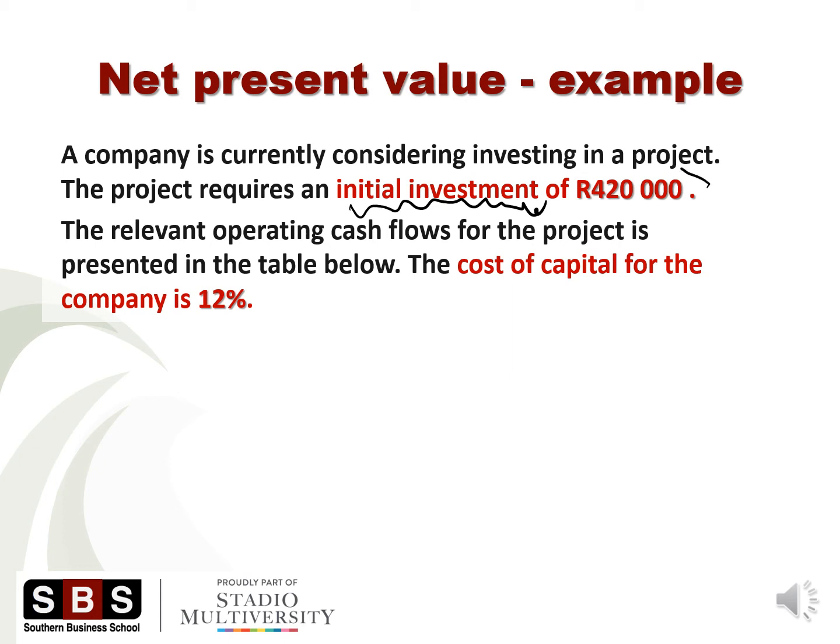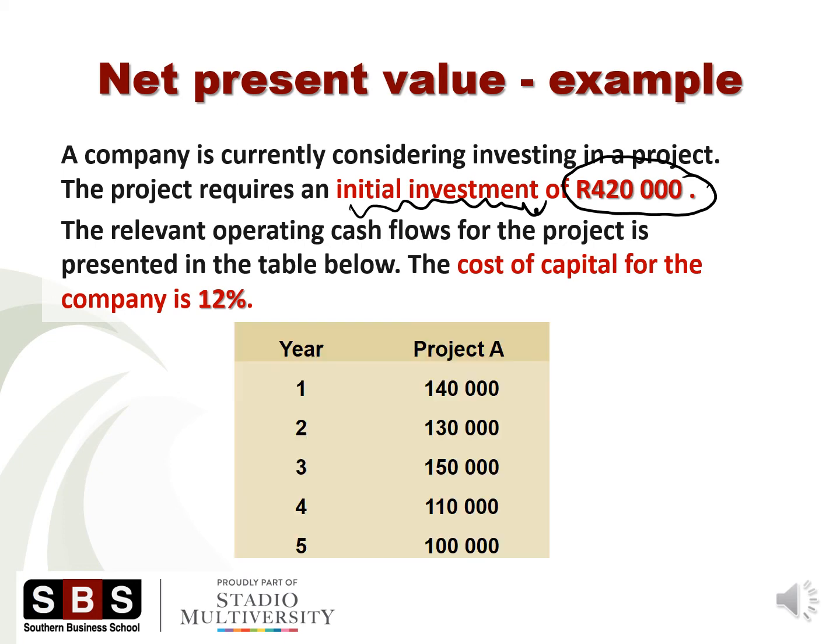This is also the amount that it will have to invest at the start of the project. The relevant operating cash flows from the project are represented in the table below, as you can see here. And the cost of capital, which I referred to just now, for the company is 12%.